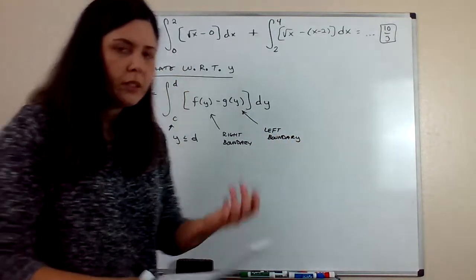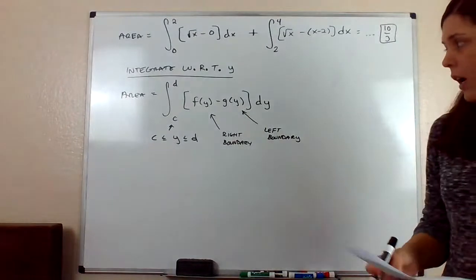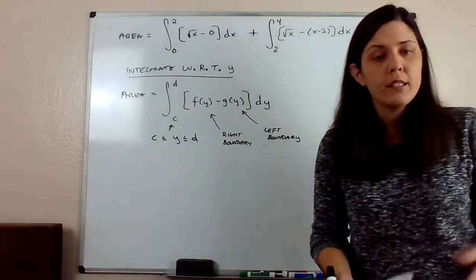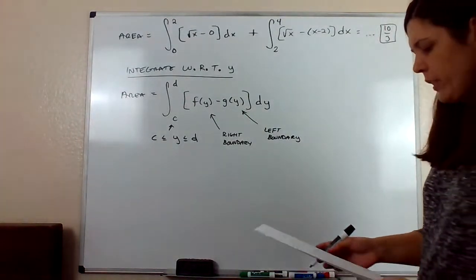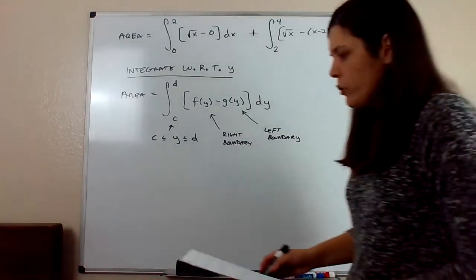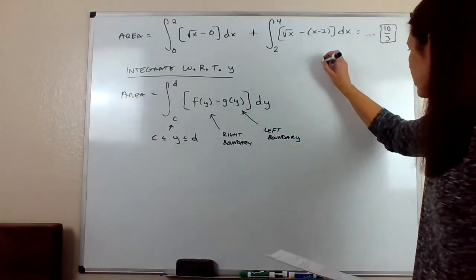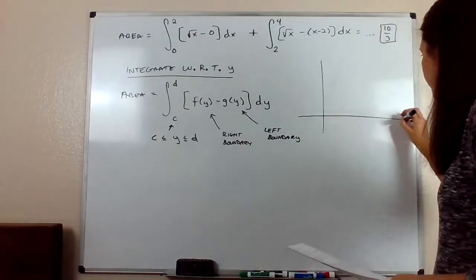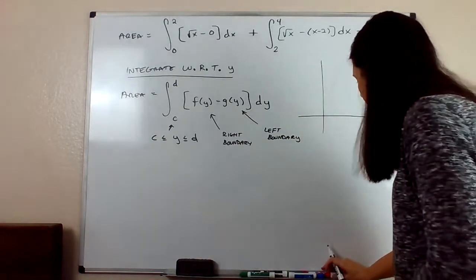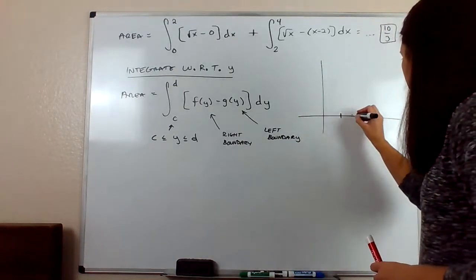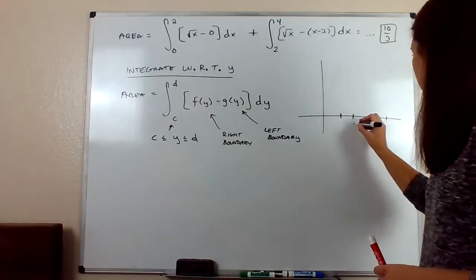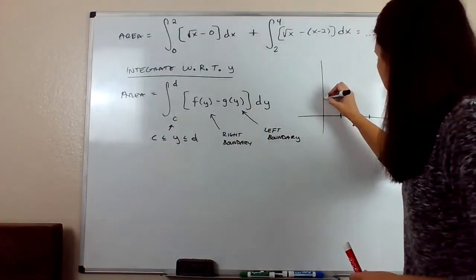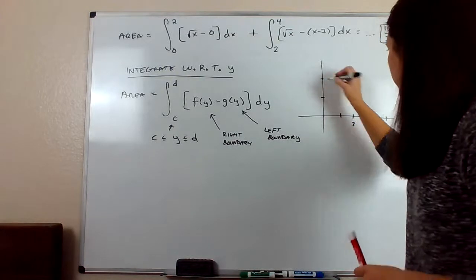Okay, so we're going to do the same exact problem, but in terms of y this time. So you can see that it's actually a little bit of an easier setup. Let me redraw what we had, just a quick redrawing of it. So let's see. We had 1, 2, 3, 4, and I think we went up to 2 here.